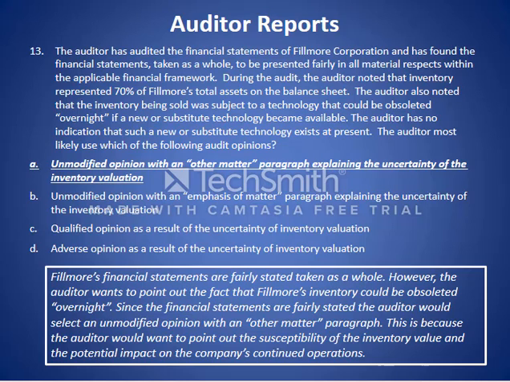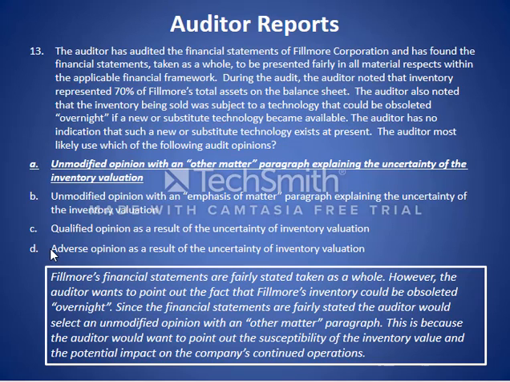Now again, when we look at this, what the body of the question says is that taken as a whole, the financial statements are being presented fairly in all material respects within the applicable financial reporting framework. So that means we're going to be issuing an unmodified opinion, so that automatically rules out answers C and D.